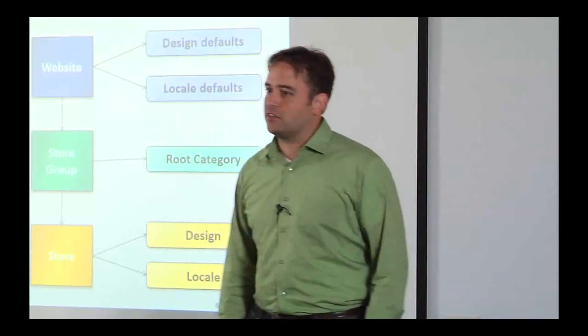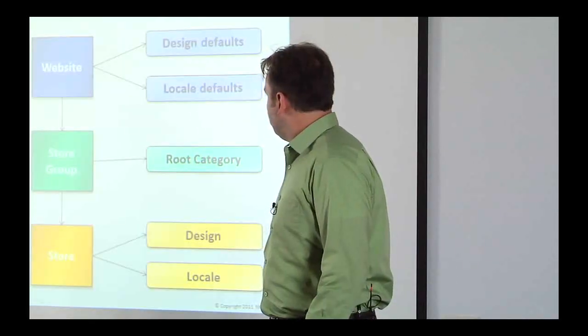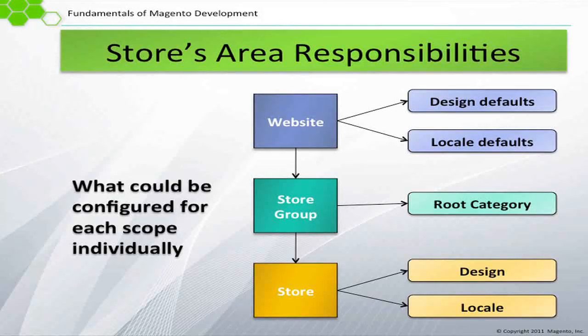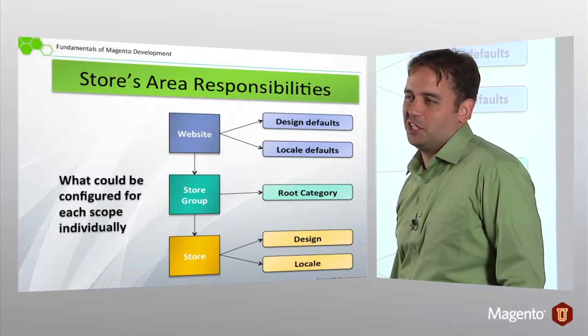That's just one of those unfortunate things, but just be aware of that. So that can help you as you look through the code and you're seeing what is a store versus a store view. Stores are store views. Make sense? Just one of those things to know.